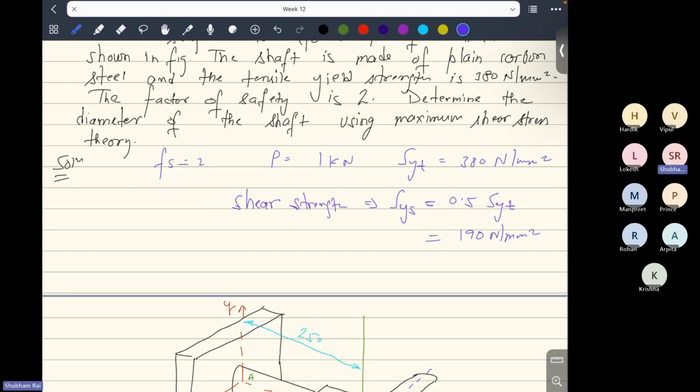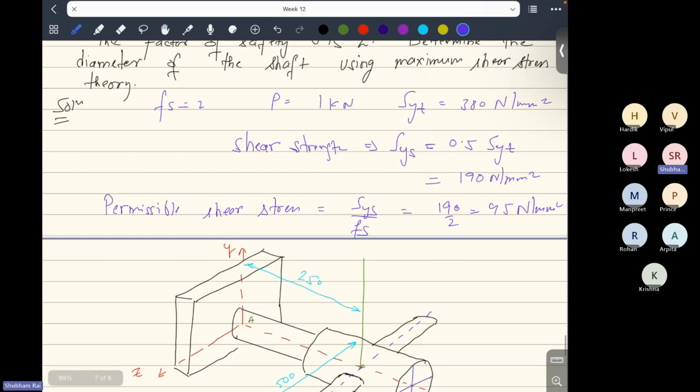Now we have the permissible shear stress, which will be SYS divided by the factor of safety. So this is 190 divided by 2, so you have 95 Newton per mm square.